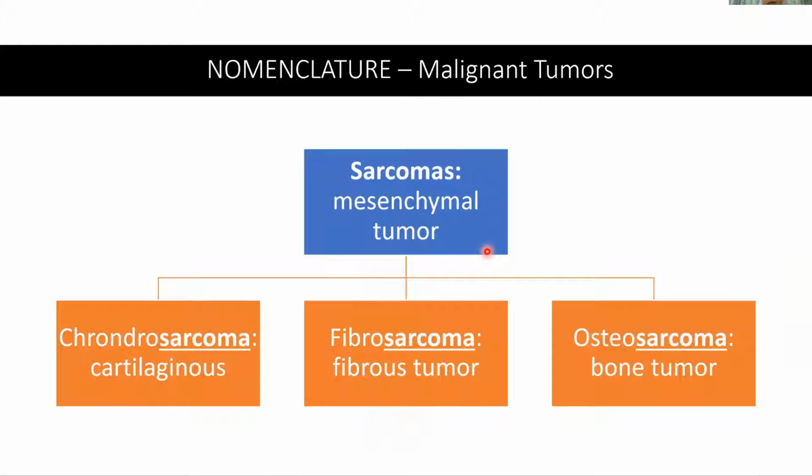Okay, how we classify malignant tumors is similar for mesenchymal tumors. We add the word sarcoma at the end of the cell of origin. For example, chondrosarcoma is a malignant mesenchymal tumor arising from the cartilage. Fibrosarcoma is a malignant fibrous tumor, and the last one, osteosarcoma, is a malignant bone tumor.